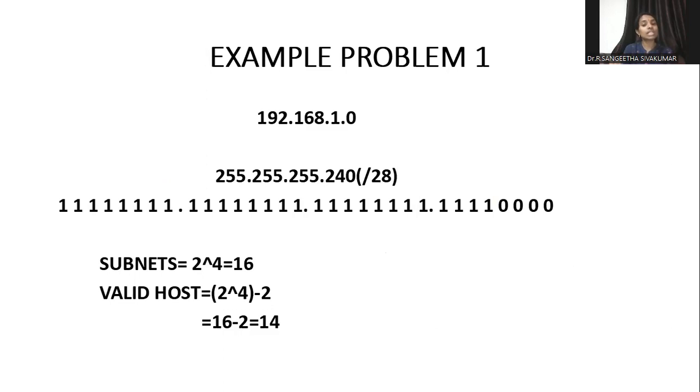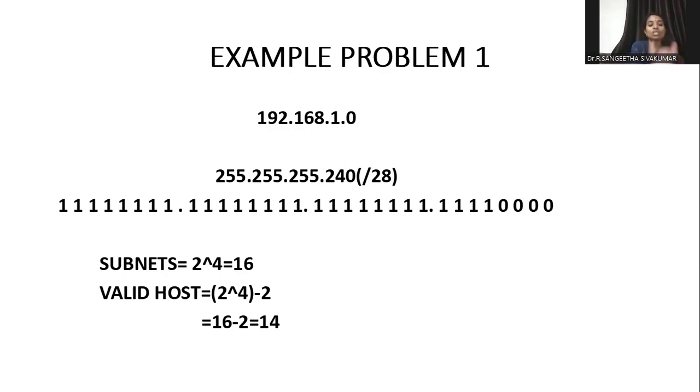This 240 is the custom subnet mask, and that is what we have to calculate. So that comes under the calculation part. And /28 is the number of bits in the mask. So 28 bits will be ones. As we see below that particular subnet mask, we have 1, 1, 1, 1, 1.